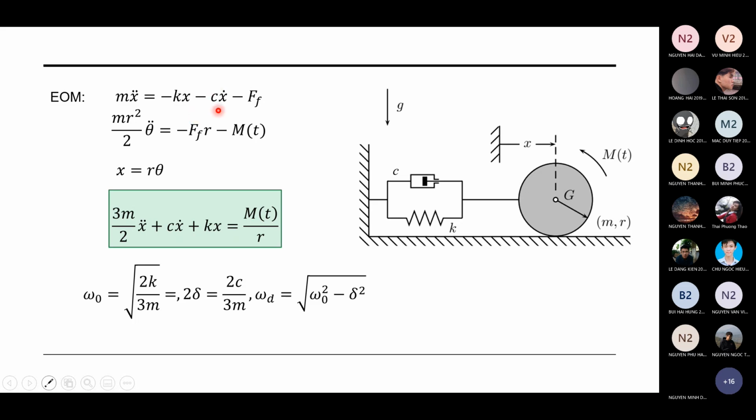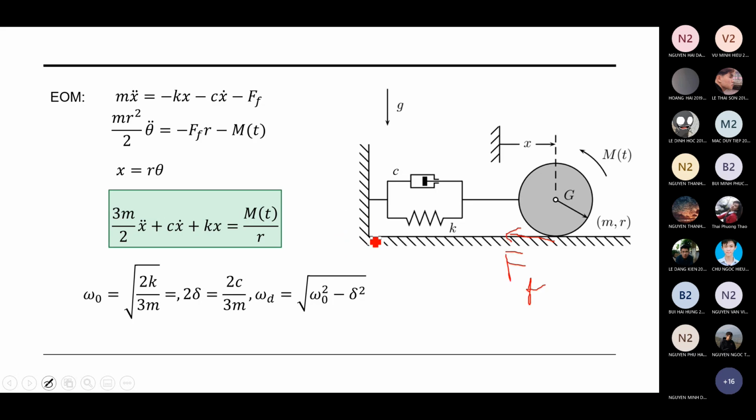No b here. If anyone uses b here, this means that you copied from another source of reference, because I don't use b as the parameter for the viscous damping. And minus Ff, because the disk needs the friction force so that it can roll on the ground like this. Sorry for my drawing.